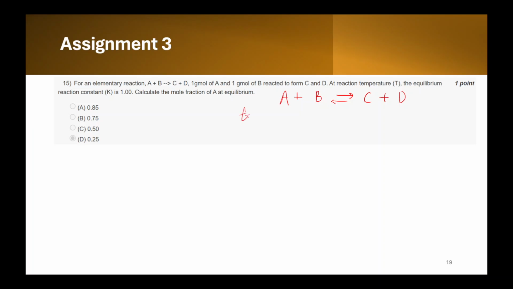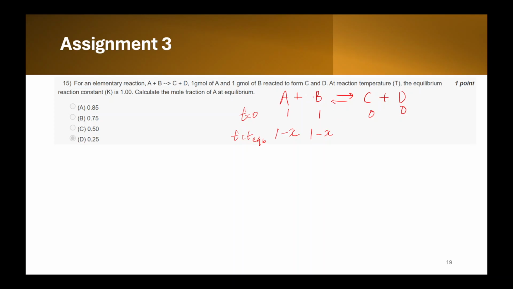So at time t equal to 0, there was 1 gram mole of A, 1 gram mole of B, and there were 0 moles of C and D. Then at equilibrium, some amount of A is reacted. So let the amount reacted be X. So 1 minus X will be remaining. Again for B, it will be 1 minus X.